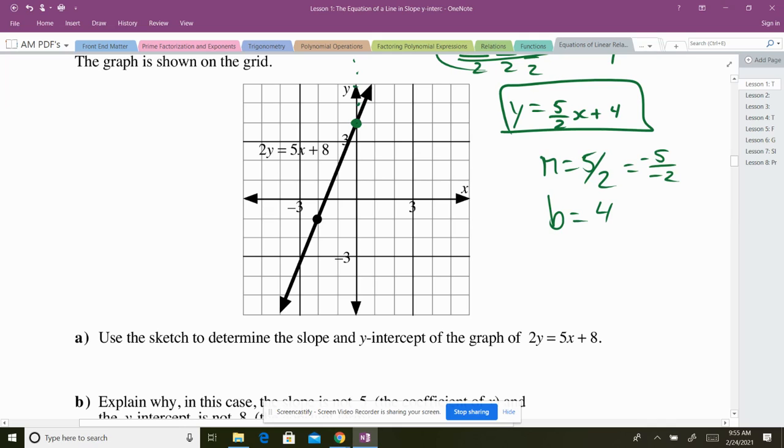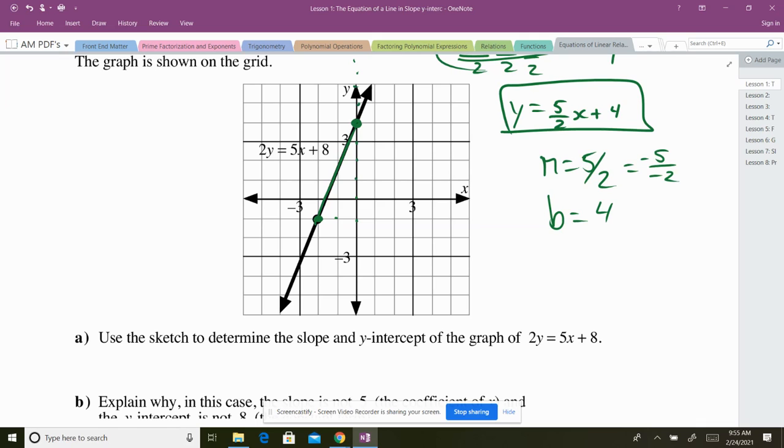So that means you can go down and to the left. So if you're there, you can go down 5, 1, 2, 3, 4, 5, and 2 left, 1, 2. Okay. So if you're going to go off the chart, just make both things negative, and then you go down and to the left. It's the same thing.